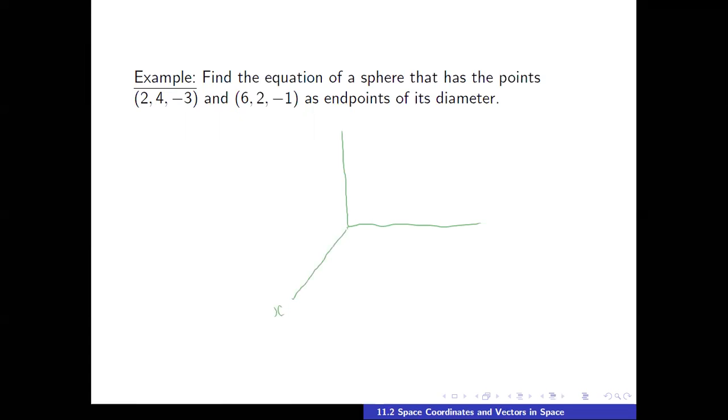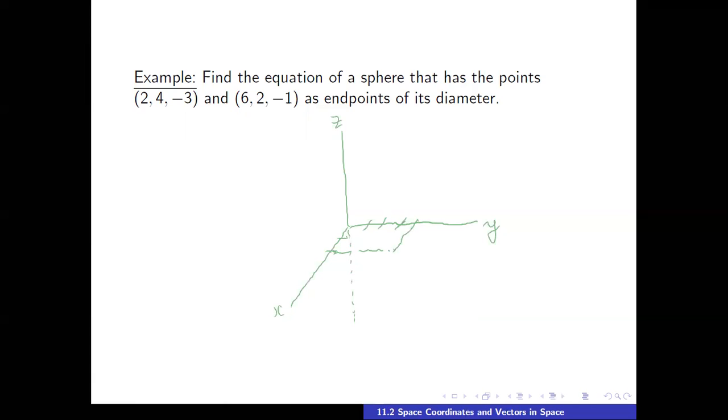So X, Y, and Z. Oh man, are you serious? I switched over to eraser mode. Sorry. Okay. So I go 2 in the X direction, 4 in the Y direction, -3 in the Z direction. So 2, 4, -3.